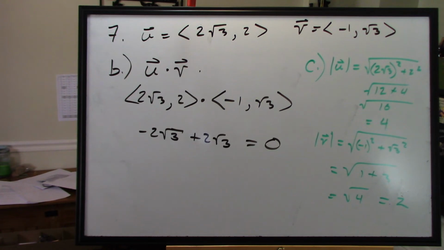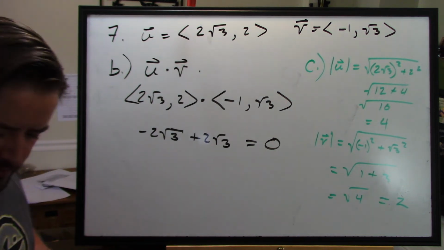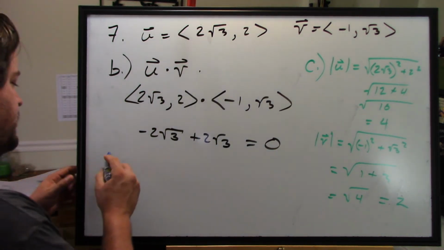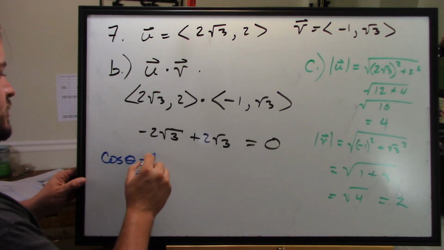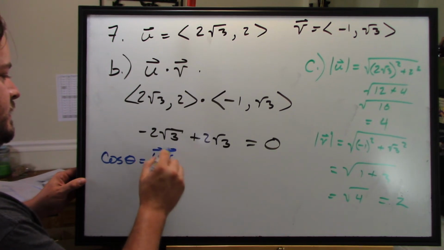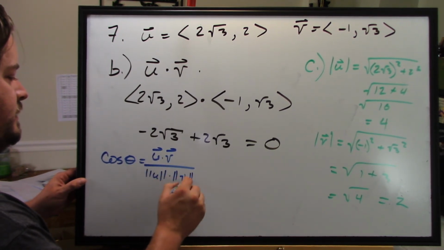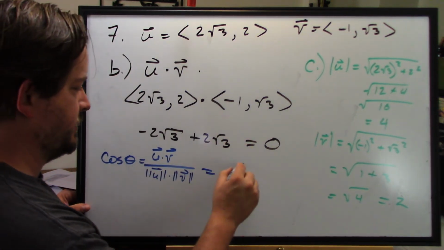And then D says if theta is the angle between u and v, find cosine of theta. And so I left this up here because I can steal all of my previous answers here. But I have cosine theta is u dotted with v over the magnitude of u times the magnitude of v. And I can steal all this because I have u dotted with v is here is 0.